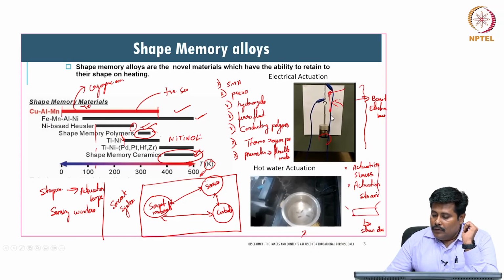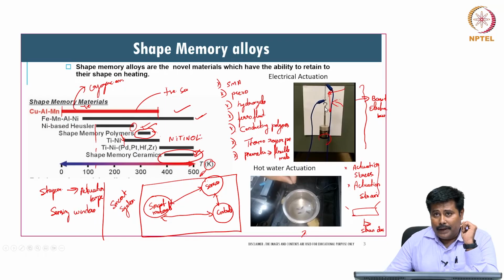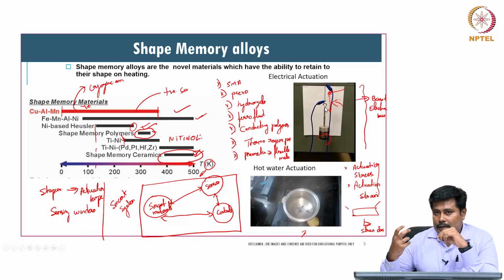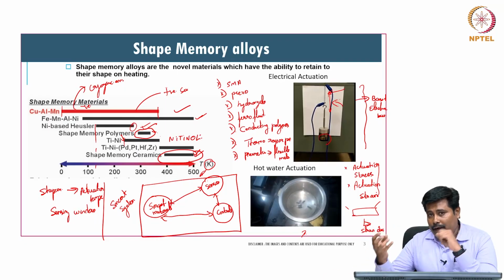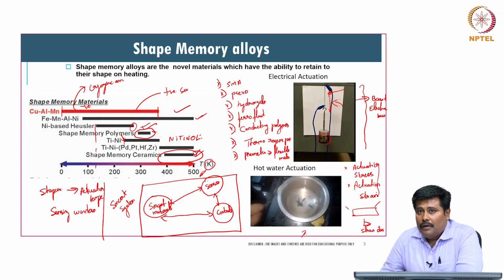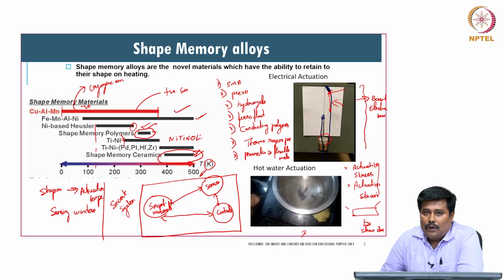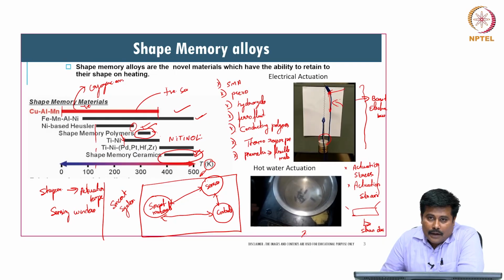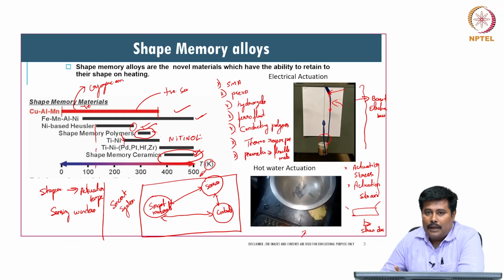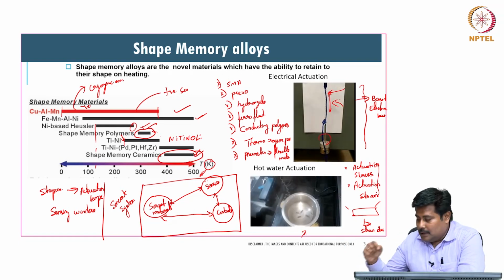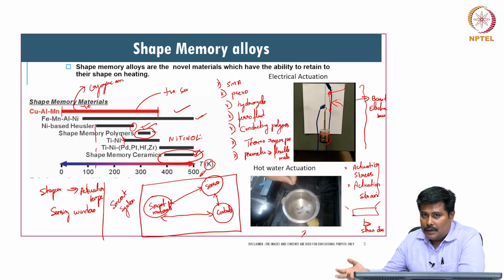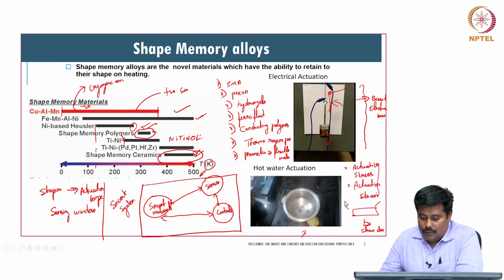This video will give you better clarity on how a shape memory alloy works, where there is a spring tied to a weight. Because of the weight, it is getting deformed. When I apply an electrical biasing to it, it comes back to its original shape. Similar responses happen here: when we elongate the shape memory alloy spring and put it in hot water, it comes back to its original shape.